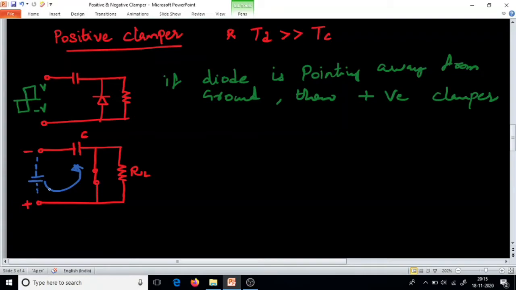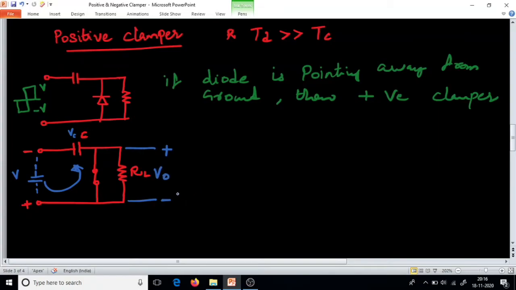Now I will apply Kirchhoff's law. This is the input voltage V, here we get VC, and this plus and minus is connected to a multimeter. This is our V out.